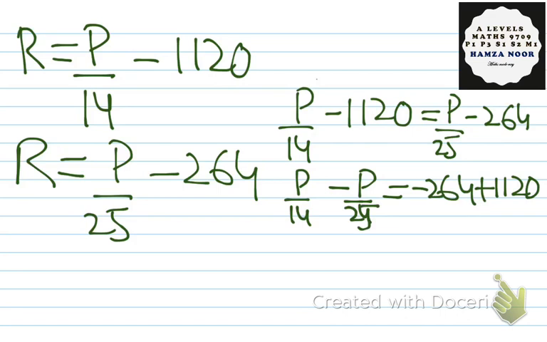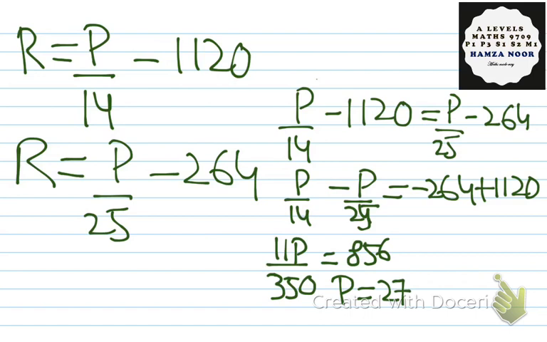So 1 over 14 minus 1 over 25, how much is that? It is 11 over 350. So 11P over 350 is equal to 1120 minus 264, which is 856. So P is equal to 856 multiplied by 350 divided by 11, so P is equal to 27236 joules.